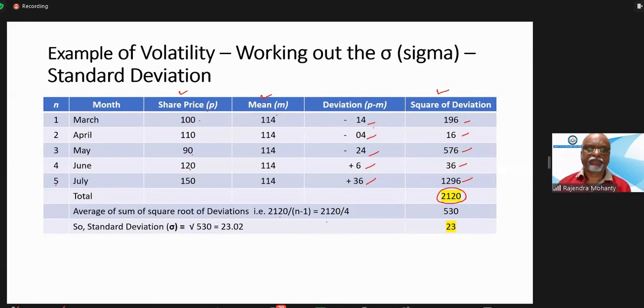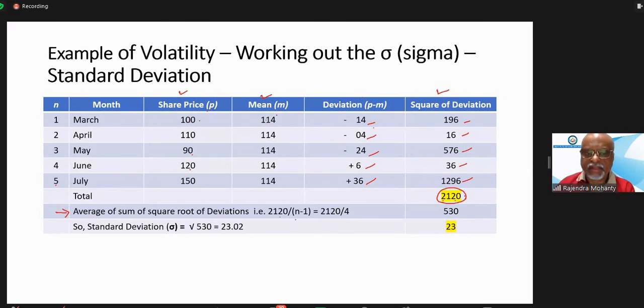Now the next step is we have to take the average of this sum, 2120. But this average is different from taking the mean. Always remember, for a small sample of data like this, you should take the average with the denominator as n minus 1.